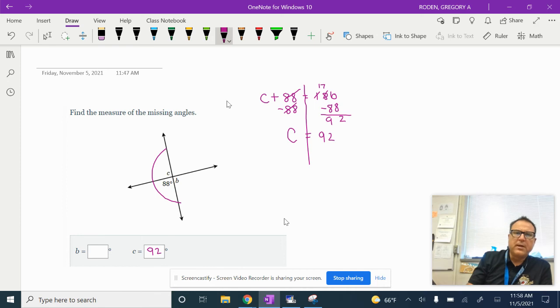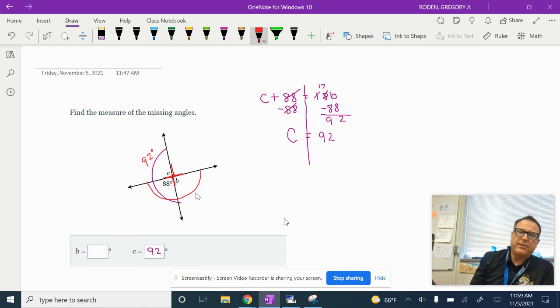All right, angle B. Well, angle B, ladies and gentlemen, makes a straight line from here to here also. Now, oh, wait. We know that angle C is equal to 92 degrees. So I'm going to do something easier. What kind of angle is C and B? Well, those are vertical angles. They point to each other. See how they point to each other right here?